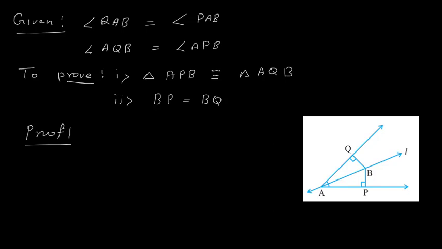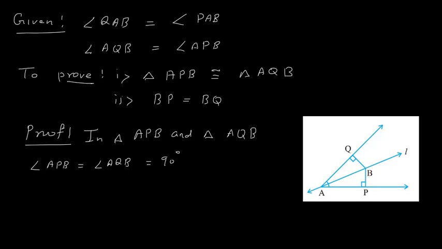So in proof, I will say that in triangle APB and triangle AQB, angle APB is equal to angle AQB is equal to 90 degree. Actually it is not required to mention. This is given. Each angle is 90 degree.